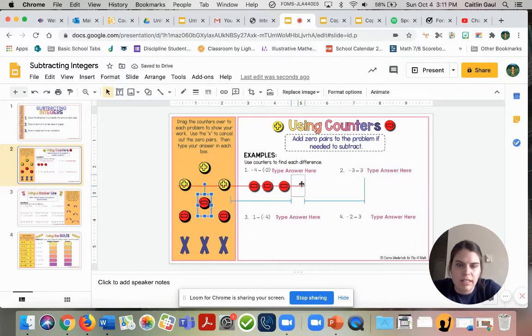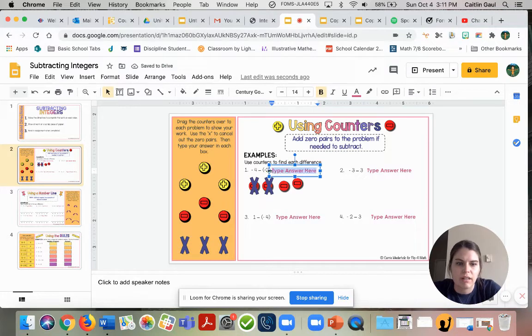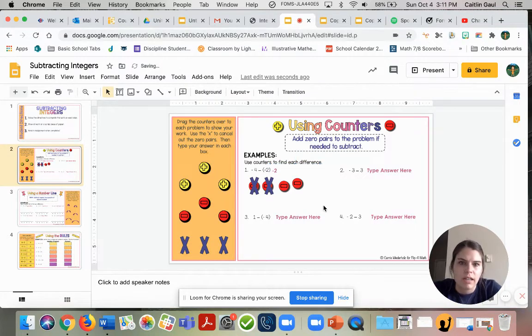And then it says, and get rid of 2 negatives. So this one's easy enough. I can get rid of 2 of those. And so I'm left with 2 negatives. Type my answer here, -2. That was easy enough. It gets a little trickier up here.